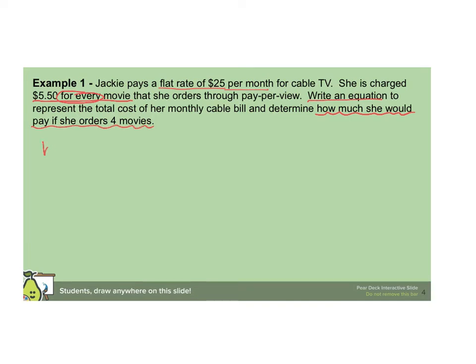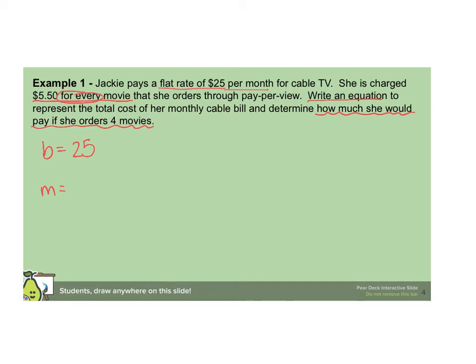So we need to know what's the initial value, meaning the one-time fee, and what's the slope, which means the recurring fee. So flat rate means you pay that amount one time each month just to be able to watch TV. That's an initial value. For every movie is like per movie, each movie. That's a rate of change, right?